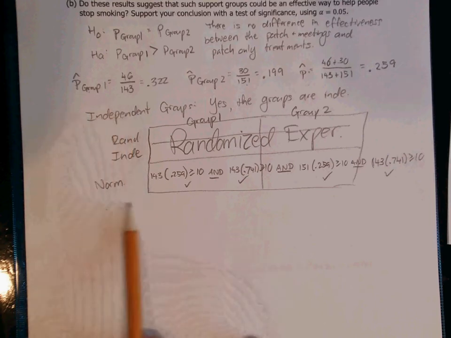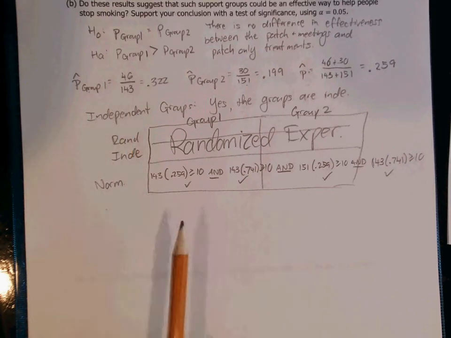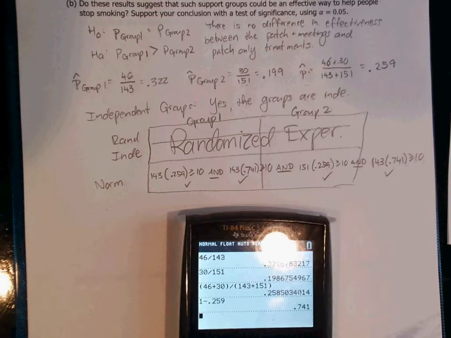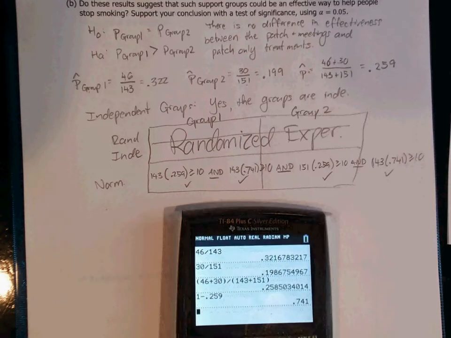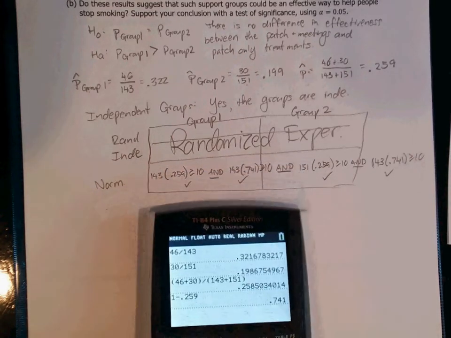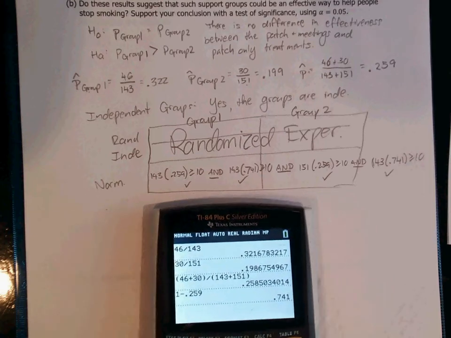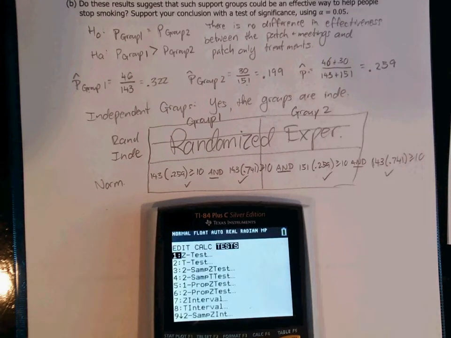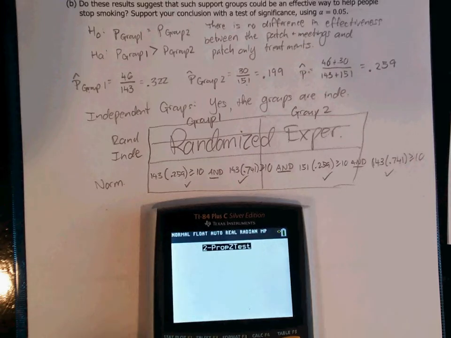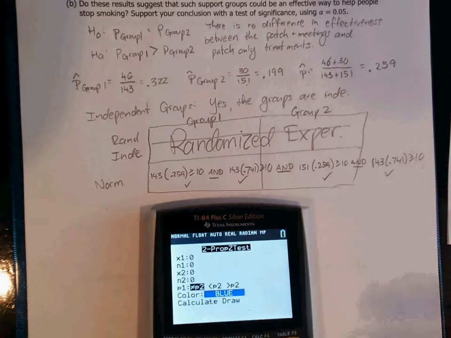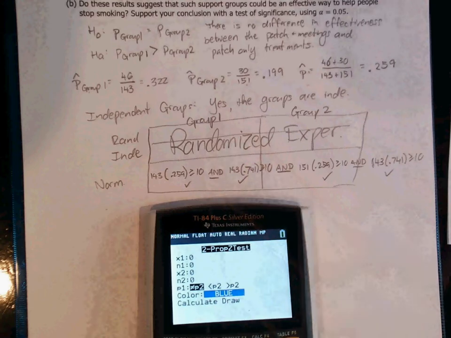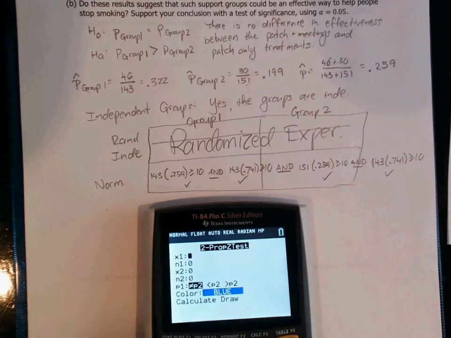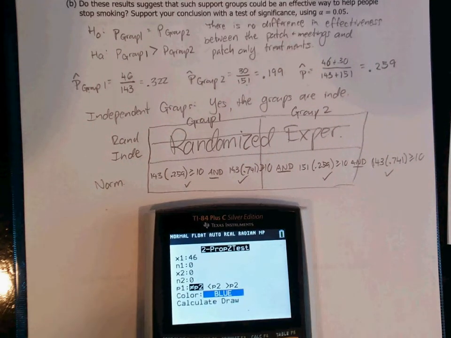So now I have done hypotheses, I've done the checks. Now I'm going to perform the actual test, and I'm going to turn to my calculator here. So I'm going to go to Stat, Tests, and I want 2 prop z test, 6. So x1, this is where having these proportions is going to become important for us. 46 over 143, 30 over 151.